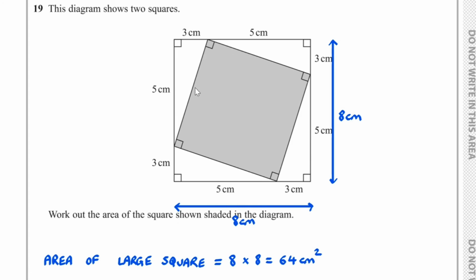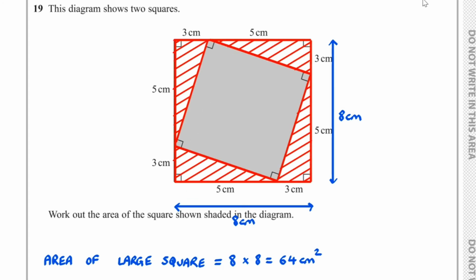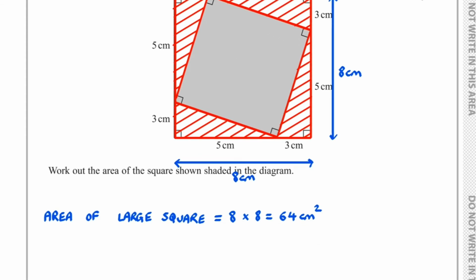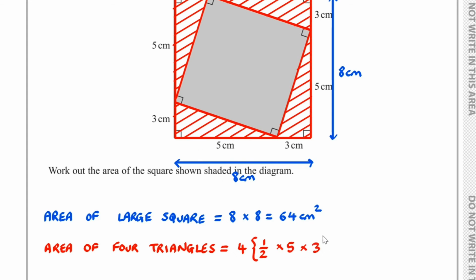What we can now do is work out the area of the 4 triangles. And if I work that out, well, I've got 4, and then the area of each triangle is 1/2 times by 5 times by 3.